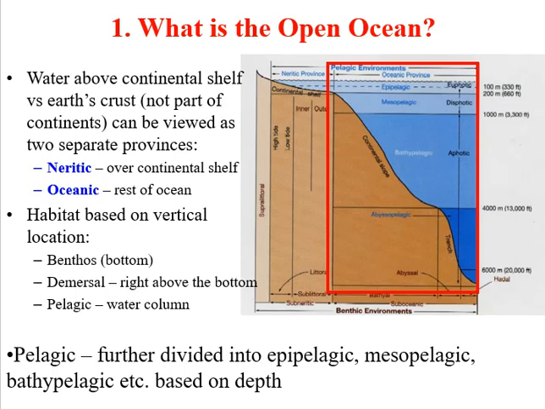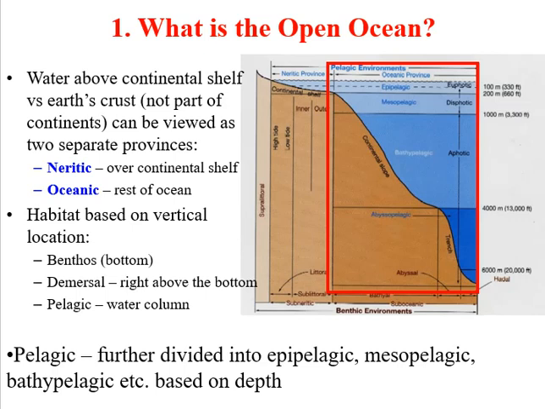Now, if you look at this figure, you'll see there are two provinces. All of the ocean is basically divided into two provinces. There's the Neritic province that we looked at before when we were talking about continental shelf ecosystems. And there's the Oceanic province, which is the whole rest of the ocean.